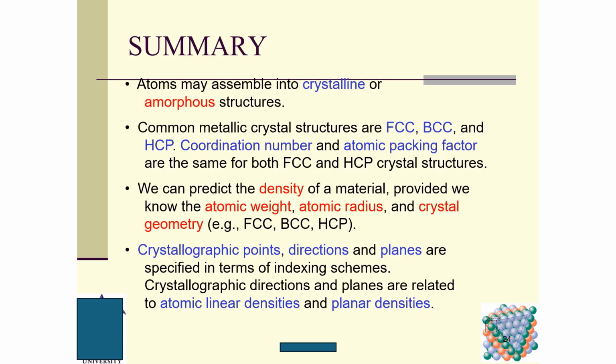We can predict the density of a material provided that we know the atomic weight, atomic radius, and crystal geometry, for example FCC, BCC, or HCP. Crystallographic points, directions, and planes are specified in terms of indexing schemes. Crystallographic directions and planes are related to atomic linear densities and planar densities.